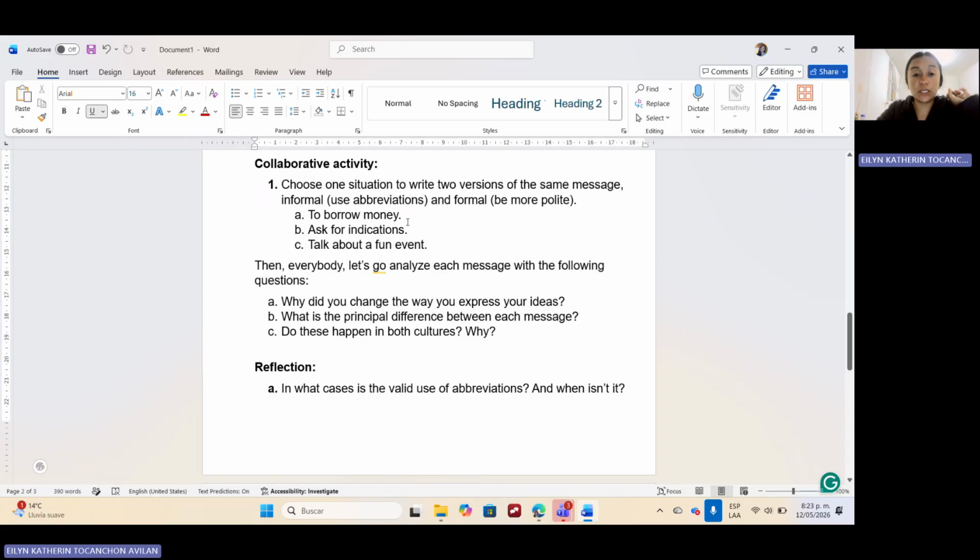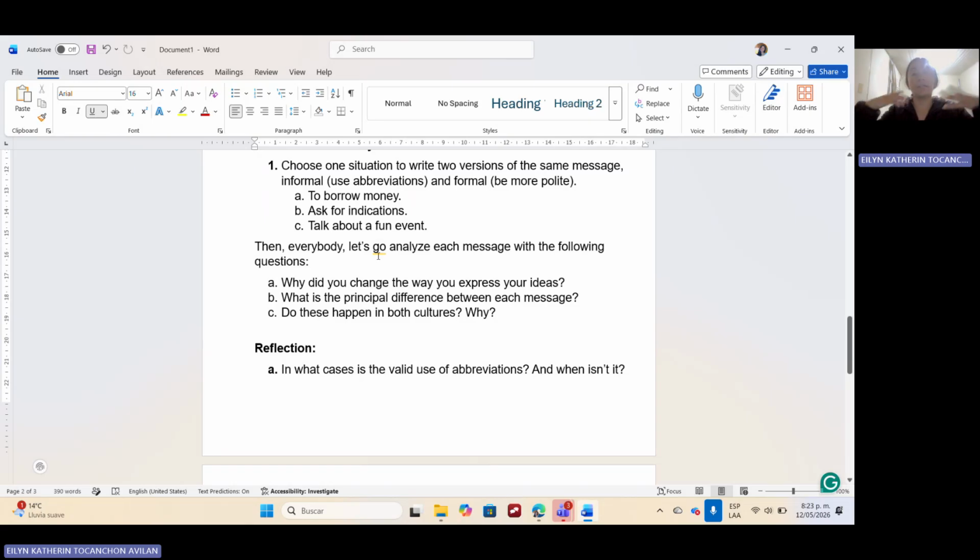They need to choose one situation and write 2 messages with the same topic but with a different style of communication, informal or formal.